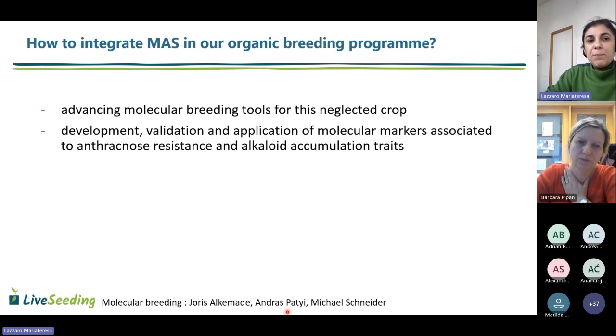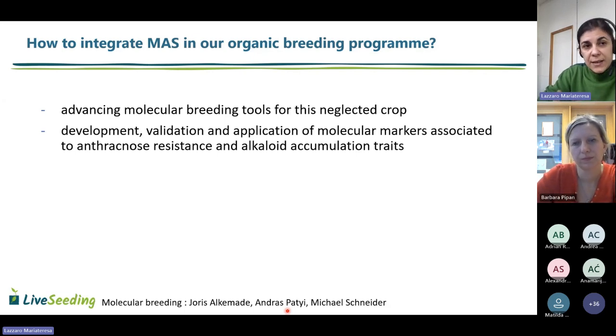The issue in order to do so in this crop for our trait of interest is that first of all we need to advance the molecular tools, because unlike the case that Barbara presented, there are basically no validated markers for this crop that we can use. So we first also have to do the discovery and the validation in order to be able to implement them.